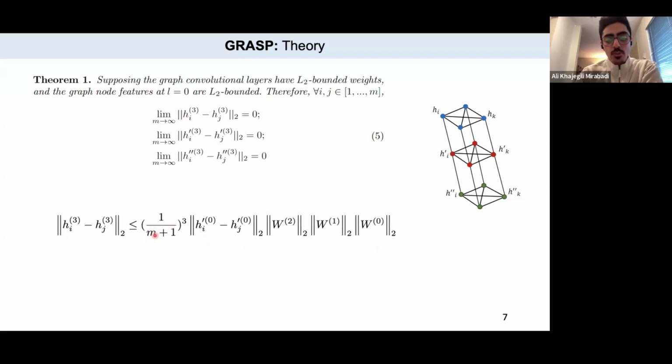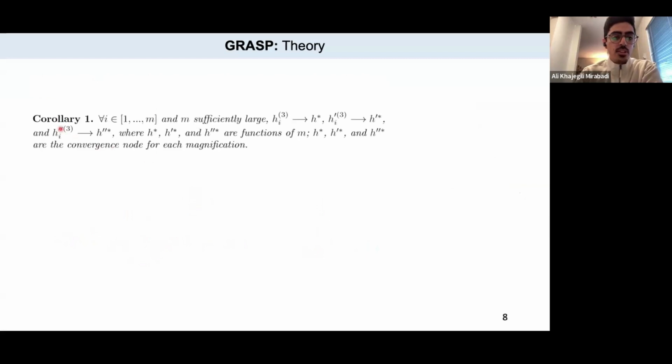So if the number of patches goes to infinity, or let's say maybe 1,000 patches, because it's to the power of 3, it moves this upper bound towards 0, meaning that this L2 norm will converge to 0. And with that, we end up with this corollary that basically says that any node in the third layer of GCN converges to one single node, and the same thing for the second magnification and the third magnification.